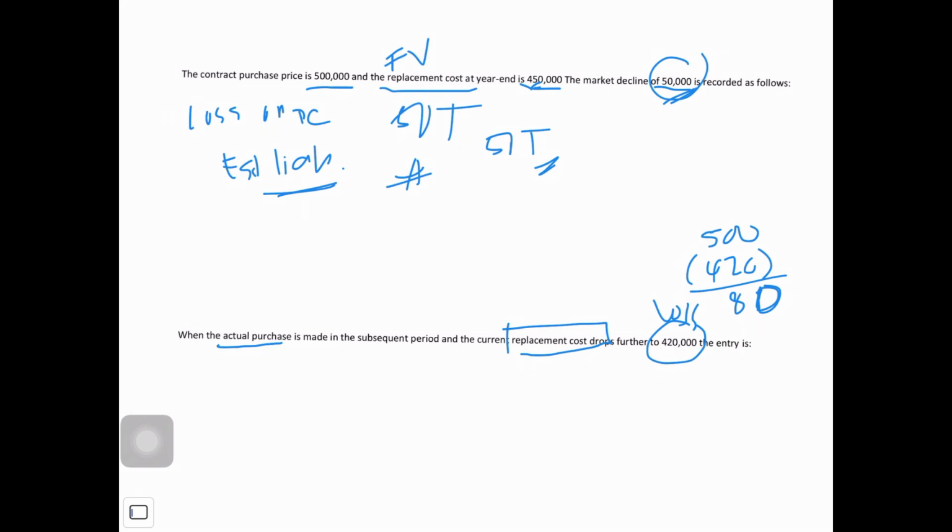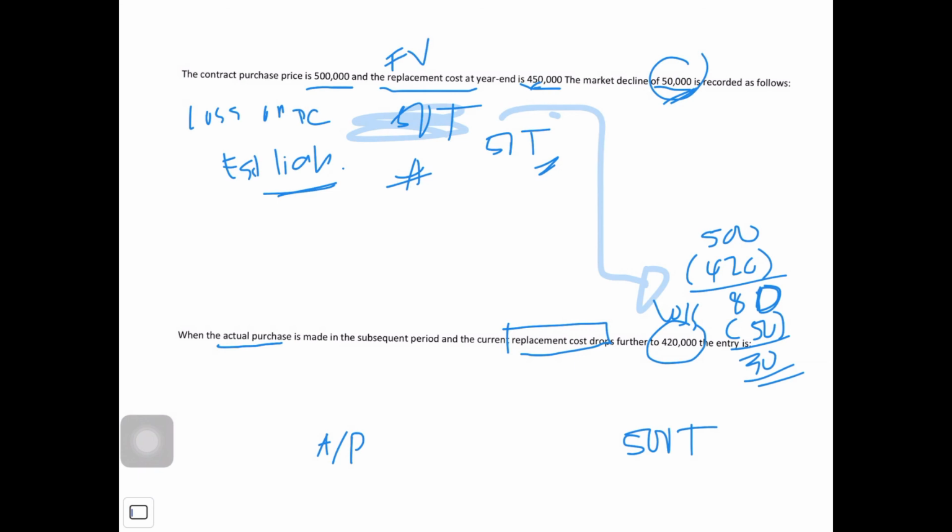However, of this 80, we already recorded the 50. So, the loss we will record is only minus 50. So, only 30. That is the loss we record at this time.